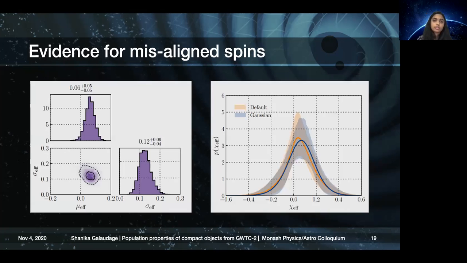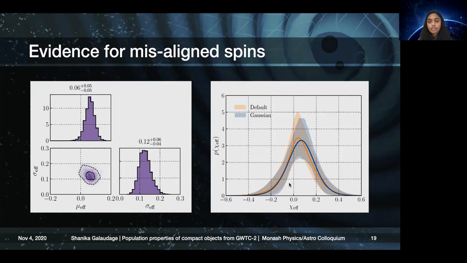So what do we see? We have evidence for misaligned spins, meaning spins that are not aligned. Particularly, we have spins that have a negative chi-effective. Here on the right, I have a plot of chi-effective, and essentially, below zero suggests that the spins of your binary are anti-aligned with respect to the orbital angular momentum, and positive chi-effectives are aligned.